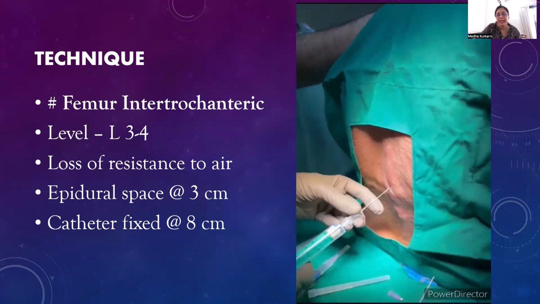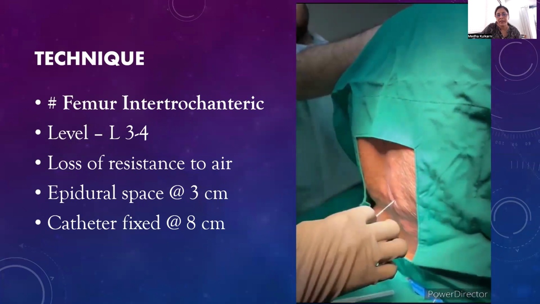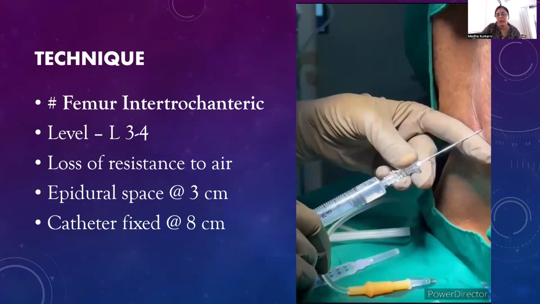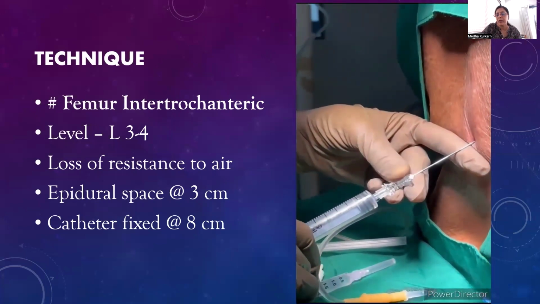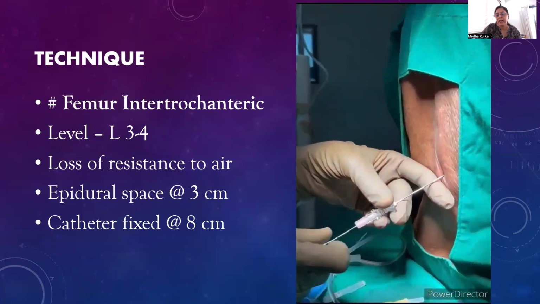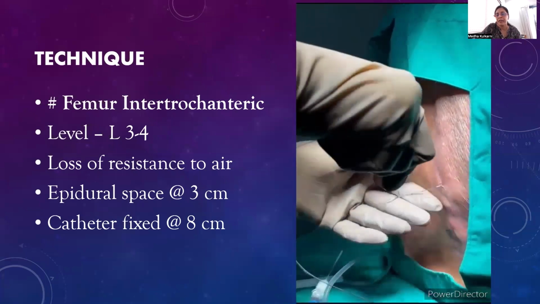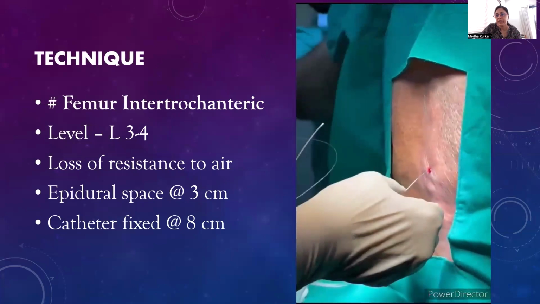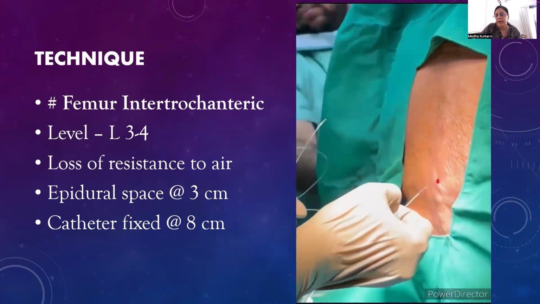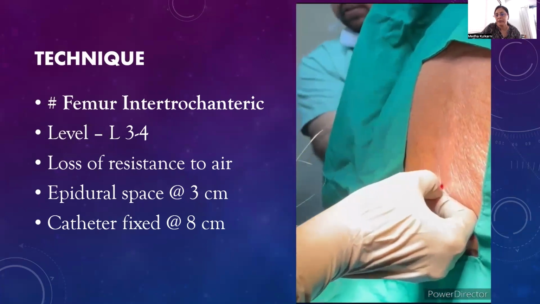The epidural space was obtained at 3 centimeters. So the distance was calculated, test dose given, and catheter threaded through the Tuohy needle and fixed at around 7 to 8 centimeters. So this is a lumbar epidural.